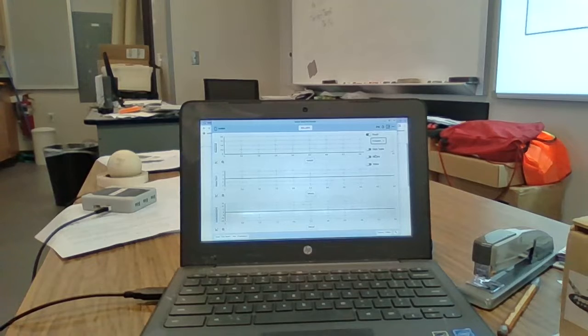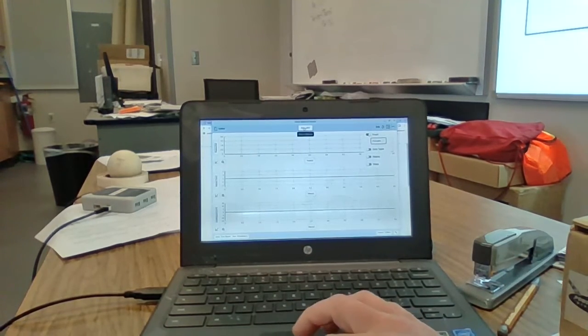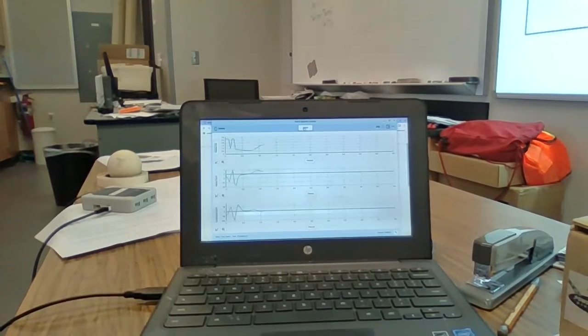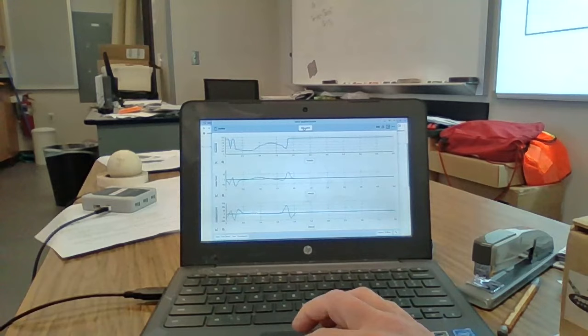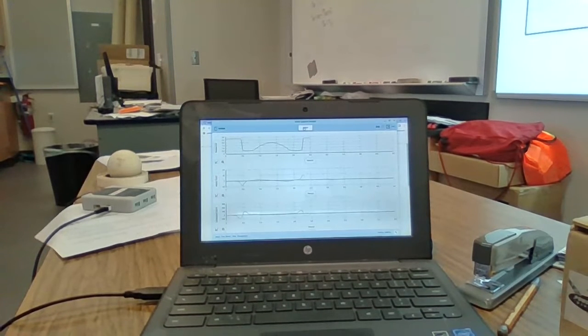Ready? Oh, that was so close to being good. Oh, that's pretty.